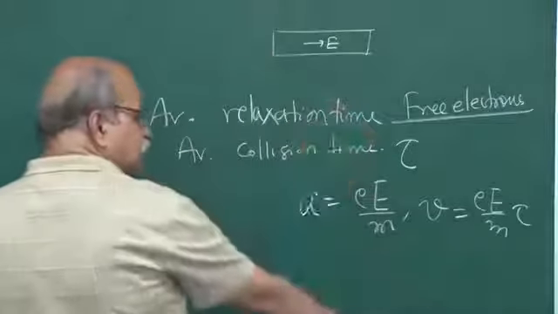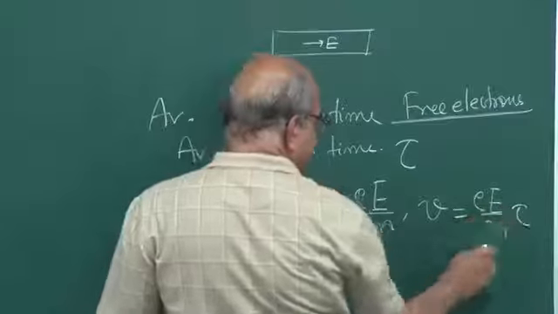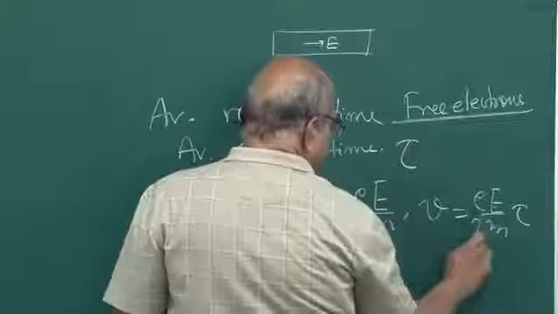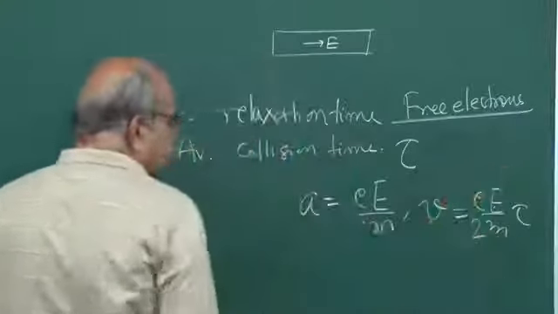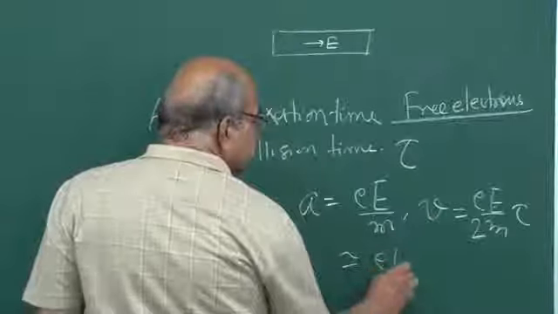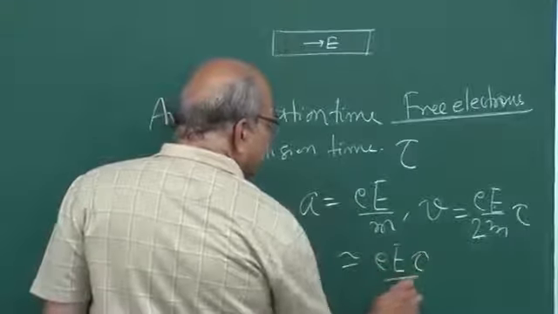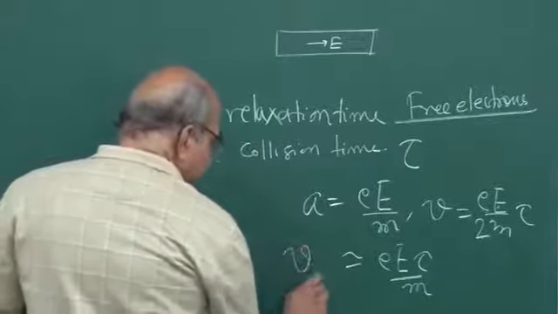It's such a crude calculation that I cannot claim that it is E by m tau, or E by 2m tau, or E by 3m tau, but it is of that order, some constant times E tau by m. So that is the drift. It's called drift velocity.